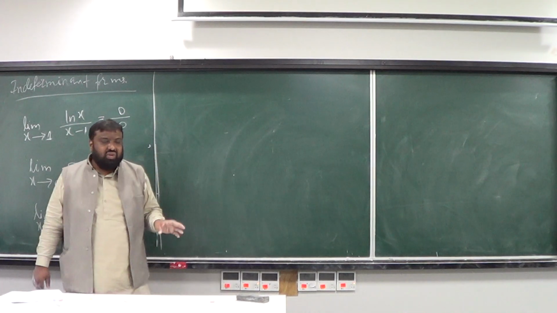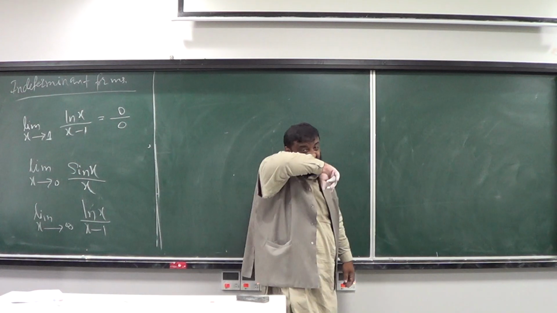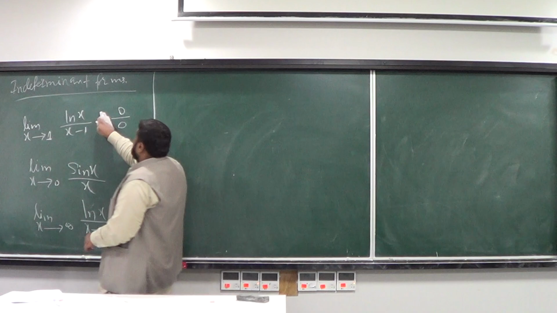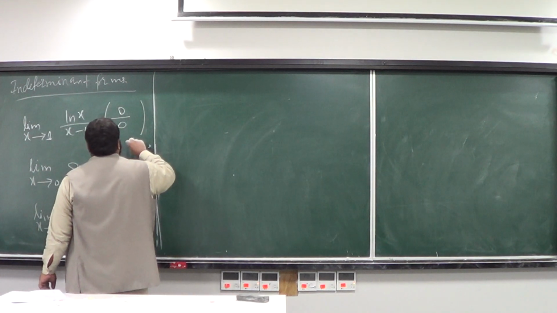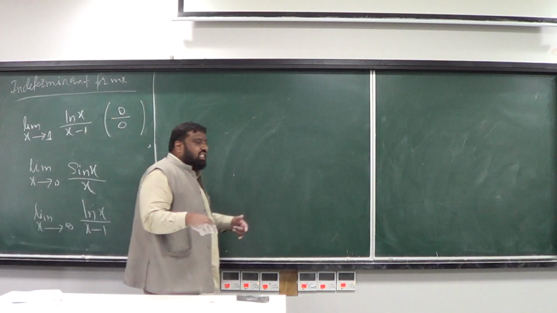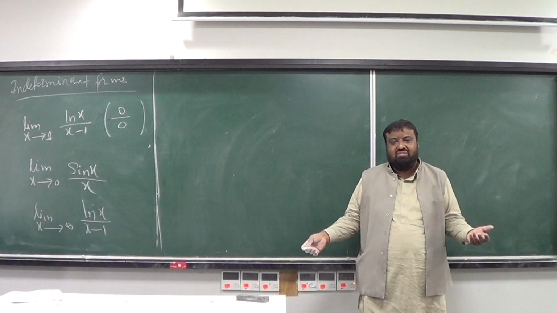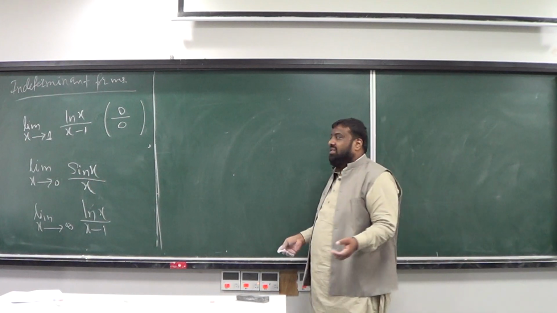So 0 by 0 is a weird kind of situation. You call this form, 0 by 0, which does not make sense, an indeterminate form. In other words, this is a form for which I can't say what it means. I need to do more investigation.